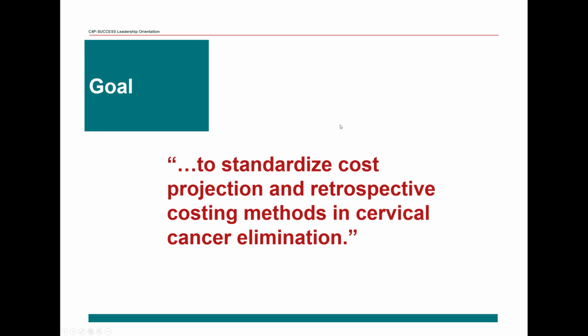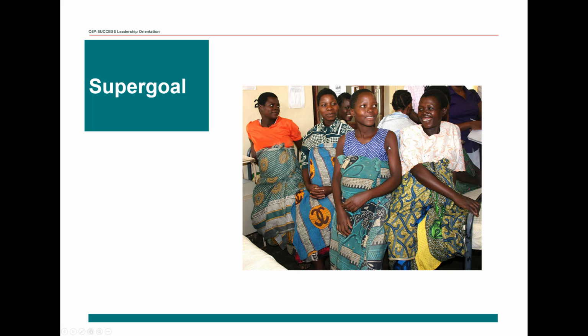Our goal is to standardize cost projection and retrospective costing methods in cervical cancer elimination across the globe for low and middle income countries. And our super goal, of course, is to save women's lives. And we never lose track of that throughout our time since 2011.